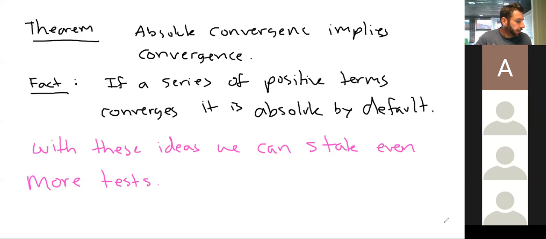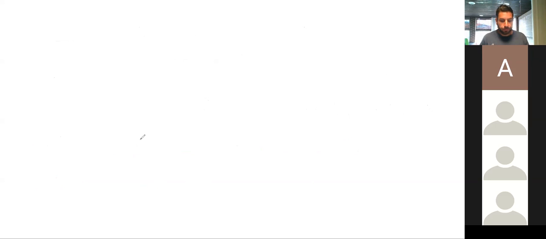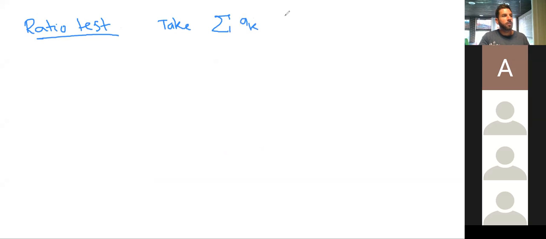And so our next test is exactly that. It has a unique way of quantifying how we go to zero. So this is called the ratio test. Take your series, we've been calling them a sub k, and what we're going to do is compute a limit.